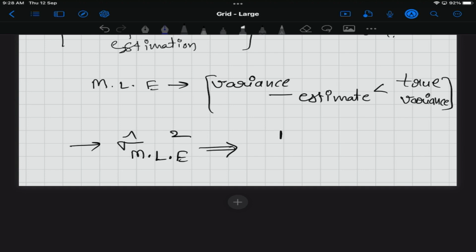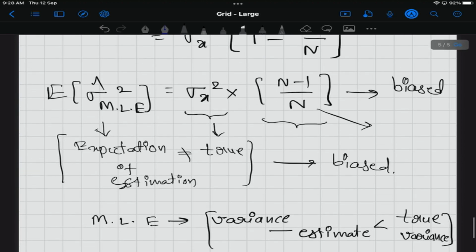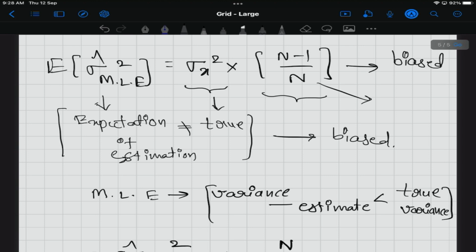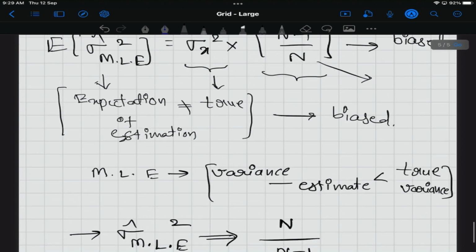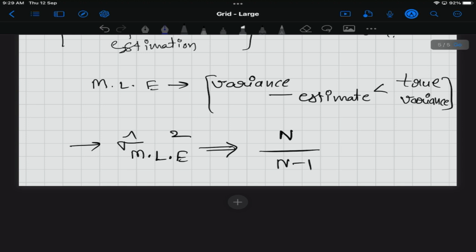I will multiply it by n by n minus 1. It's basically dividing by this factor. So I have to divide my estimate coming from maximum likelihood by that factor. Then only I can do bias correction. Dividing by this term is nothing but multiplying your estimate by n by n minus 1.